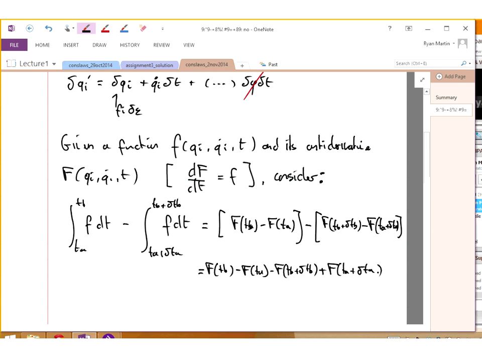In the notes, you have that flip-flopped, and you started with F of Ta minus F of Tb. These aren't equivalent expressions, so which is correct? In the notes you're saying this is wrong?